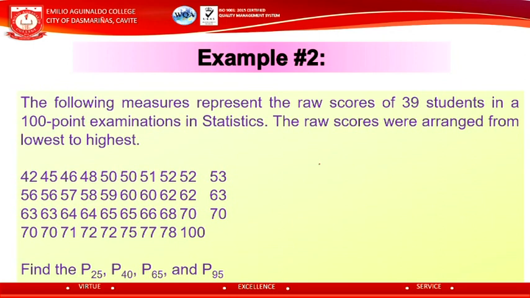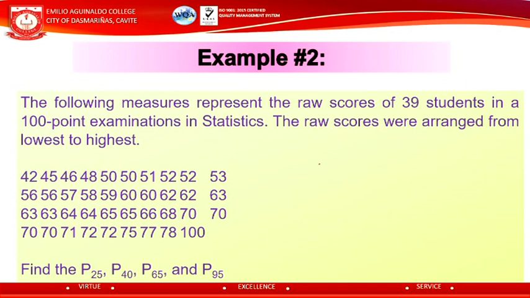And that is the first thing that we have to do if we really have to get the position of the number, or get the percentile of that problem. We have to arrange it first in ascending order. Okay, we have to find the 25th percentile, the 40th percentile, the 65th percentile, and the 95th percentile.